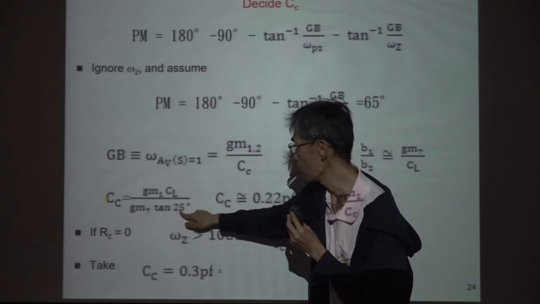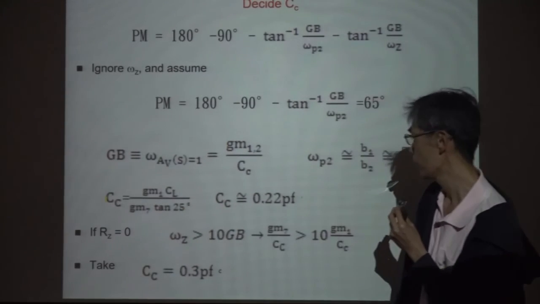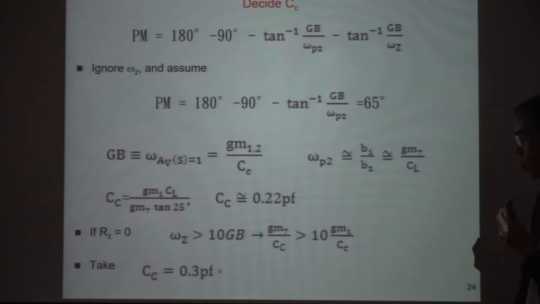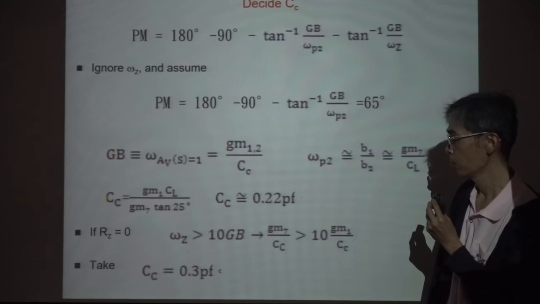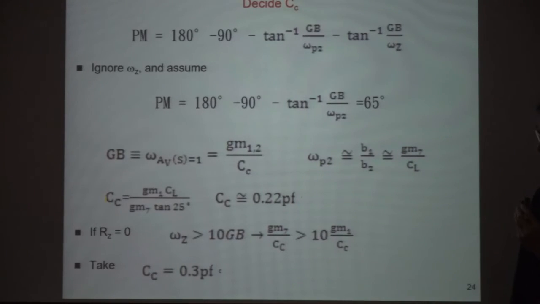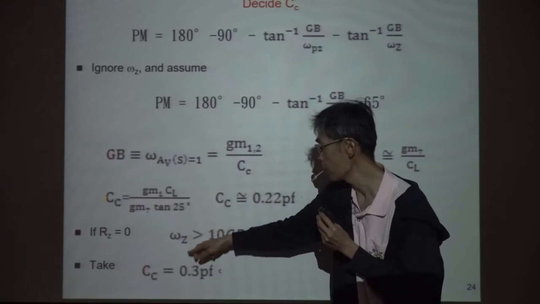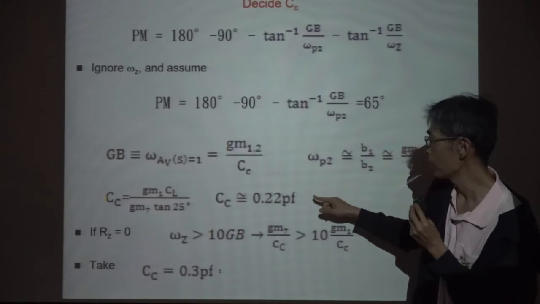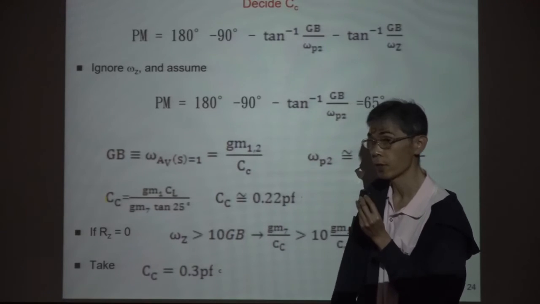So 25 here, 90 minus 65 equals 25. So you can get the CC value, 0.22 picofarad. But we select CC because CC must be greater than this value. So we select 0.3 picofarad for our design.